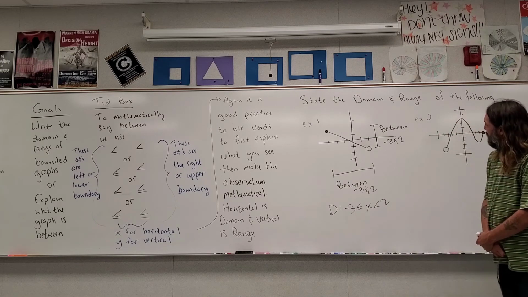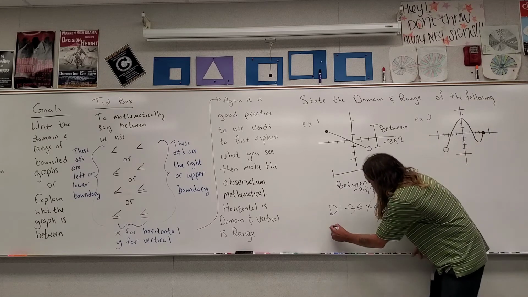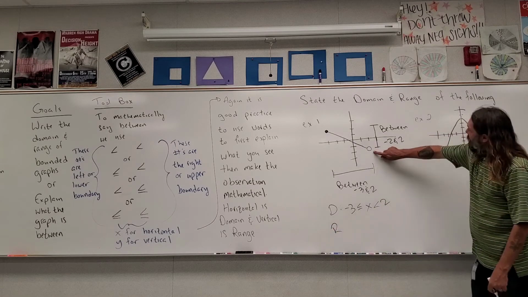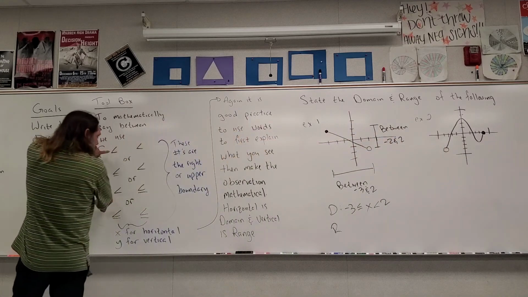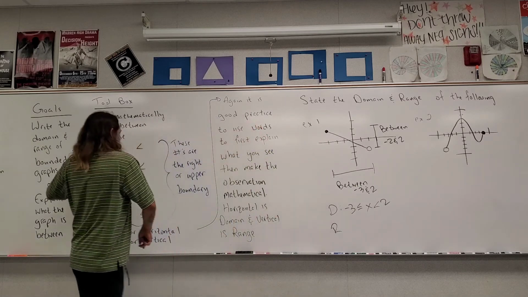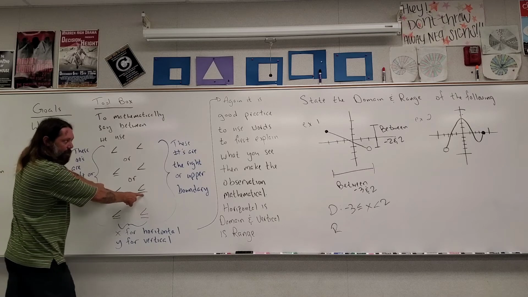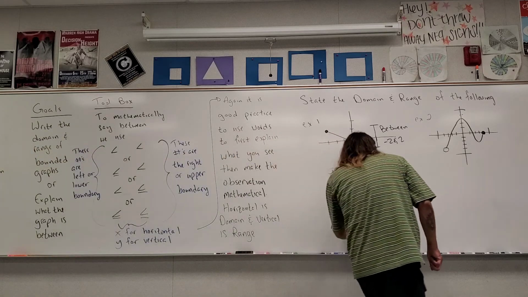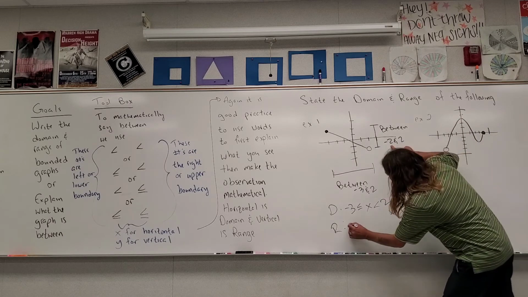Now I'd like to talk about the range. So the range, again, let's look at what we got. The lower number is open, so that means that I have to either use this symbol or this symbol. My upper number is closed, so see I'm using these two, so I have to use this one because the upper number will be closed. So the range, the lower boundary number is -2.